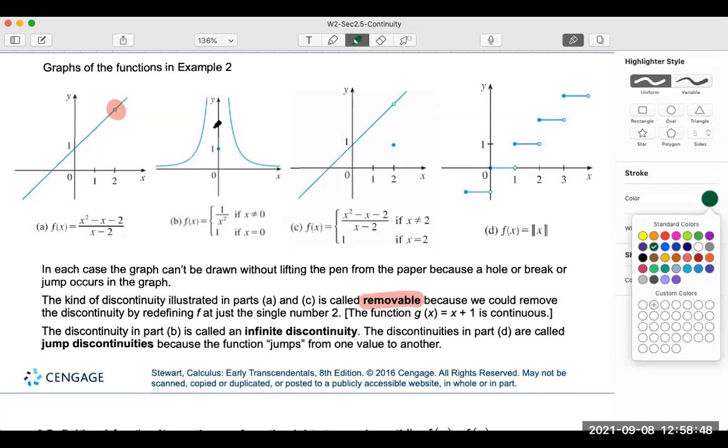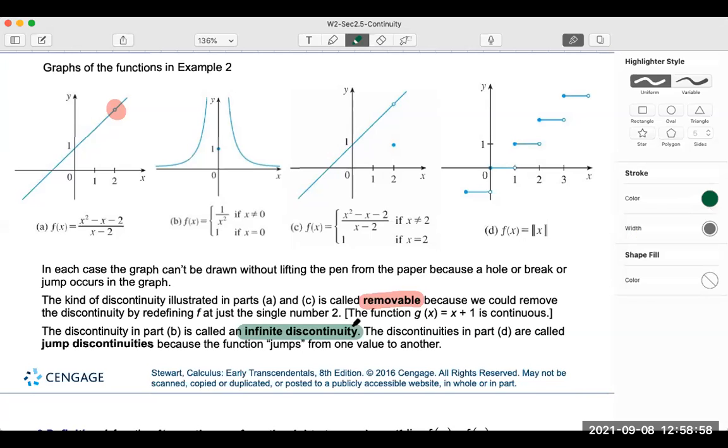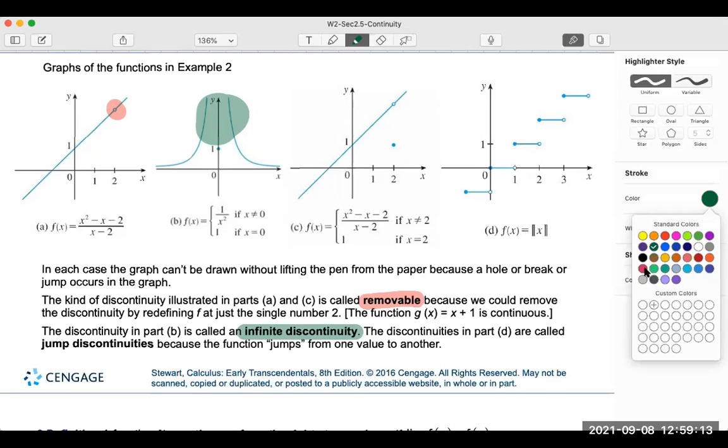At the second graph here, the limit when x approaches 0 goes to infinity. So it makes sense to say it is an infinite discontinuity. Okay? Just some names. And here, the third case. It is discontinuous at this point.